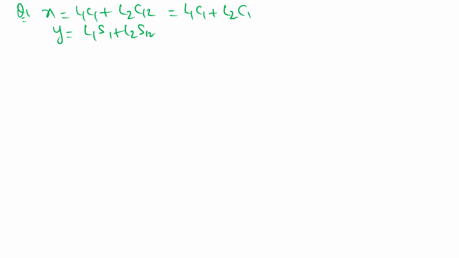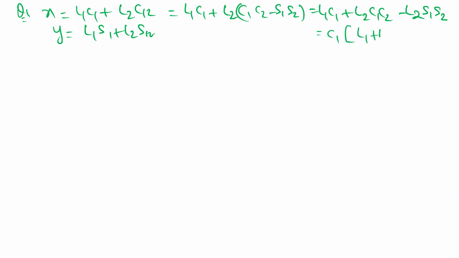So L1 C1 plus L2 C1 C2 minus L2 S1 S2. I'm going to split this by taking C1 out common: C1 times (L1 plus L2 C2), and similarly minus S1 L2 S2.